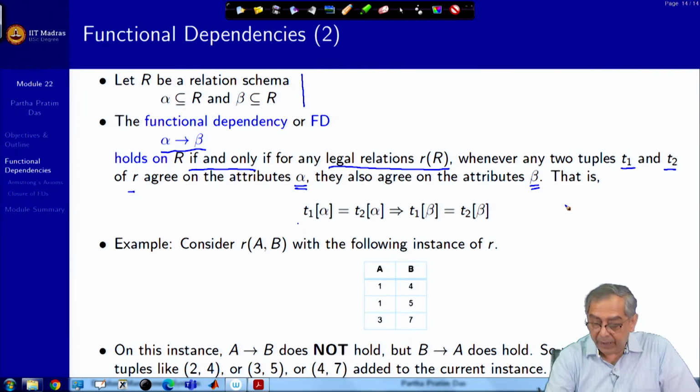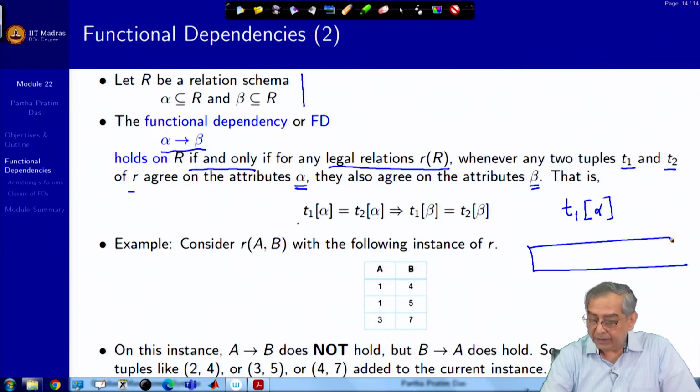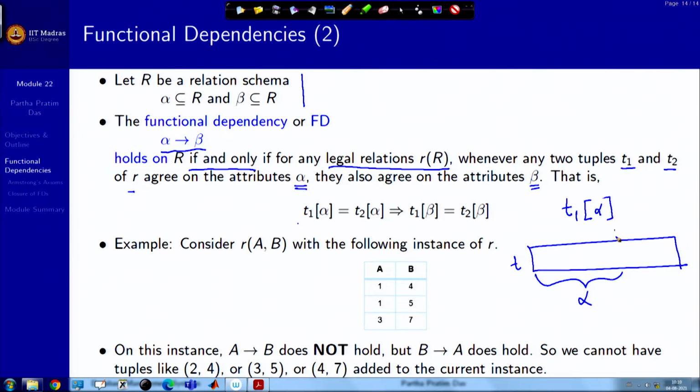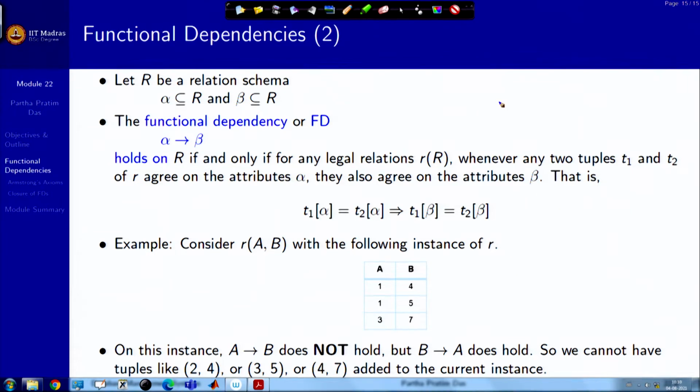So, what we mean by T1 alpha is, if I have the entire tuple T and this is my set of attributes alpha and this is my set of attributes beta. I am sorry, let us draw it in a cleaner way.